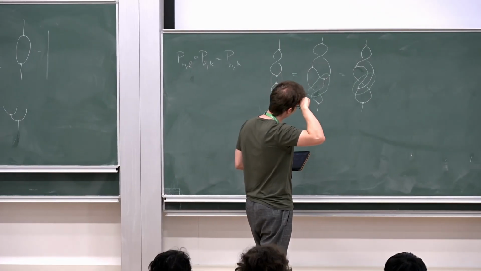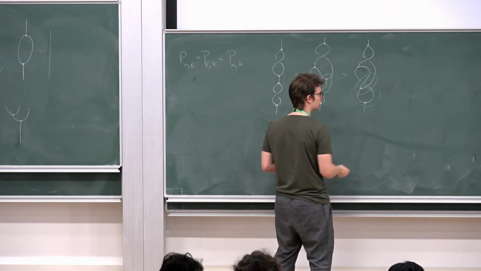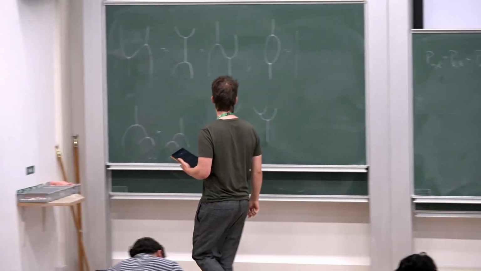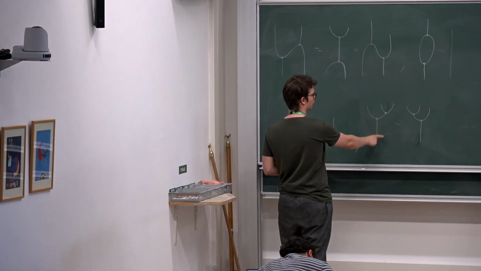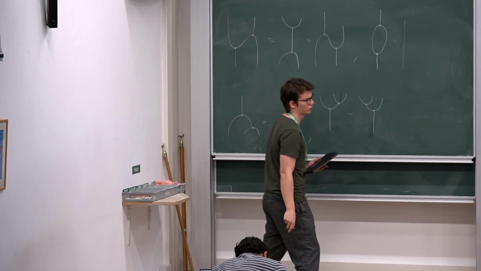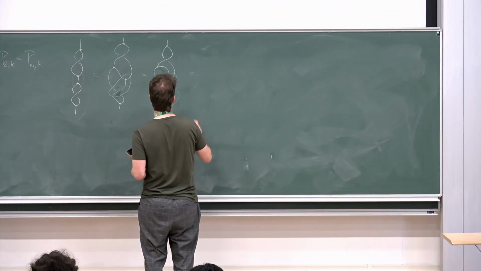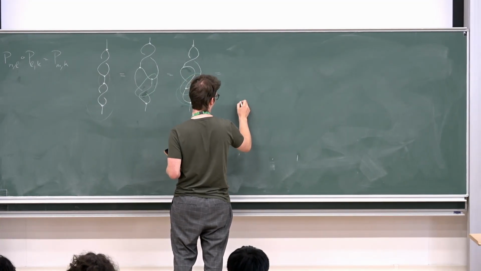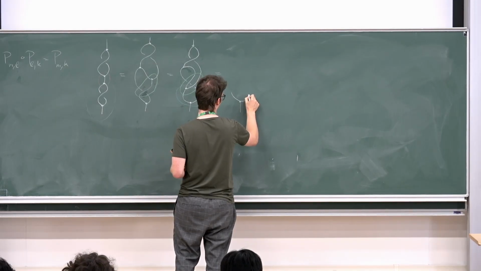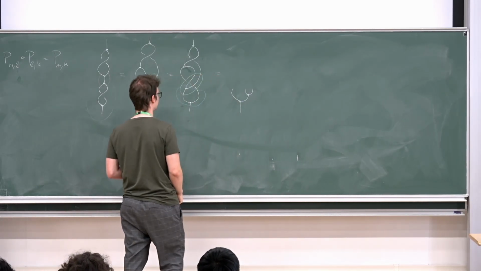So now we see down here, badly drawn, but still, we have something we can recognize. This is the co-multiplication, and we can use the associativity law. So we get this. And this at the bottom.